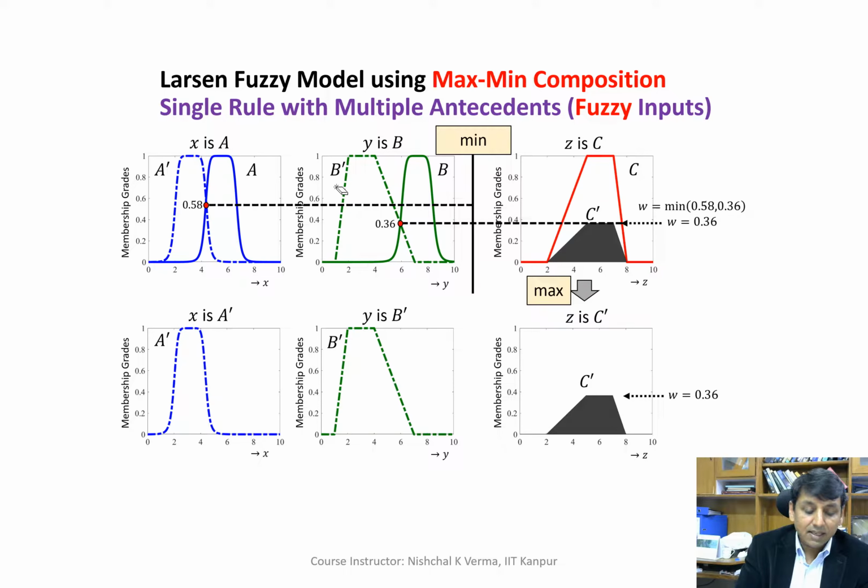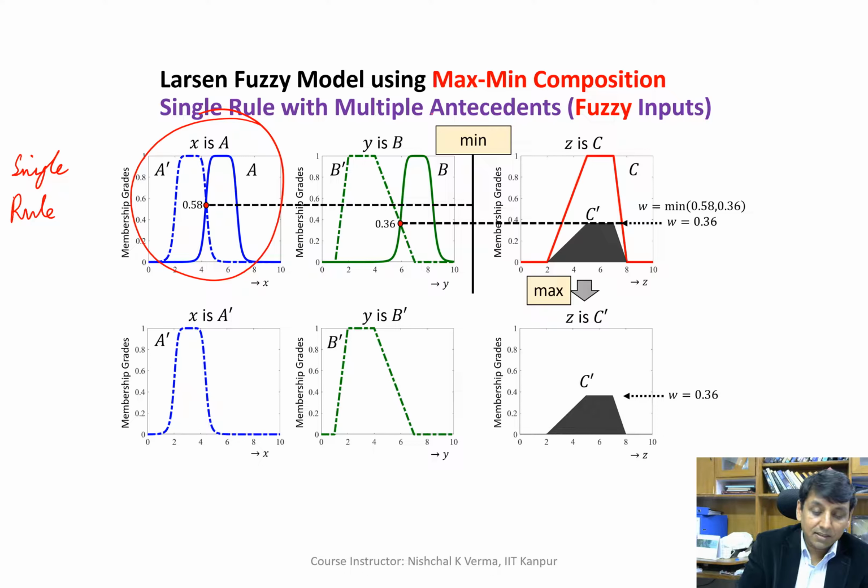So here we have the fuzzy rule, the single rule, and we have multiple antecedents. We have the first antecedent, and then we have the second antecedent. This must be noted: in this kind of multiple antecedent case, we have only two antecedents, but we can have many more, a few more or even more.